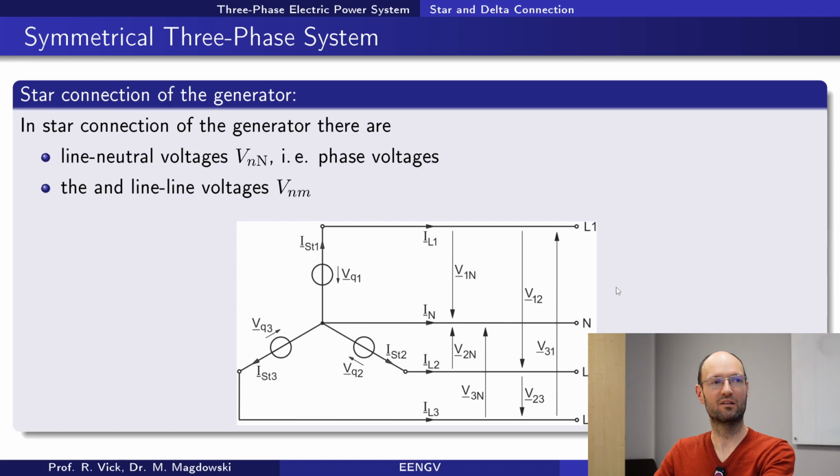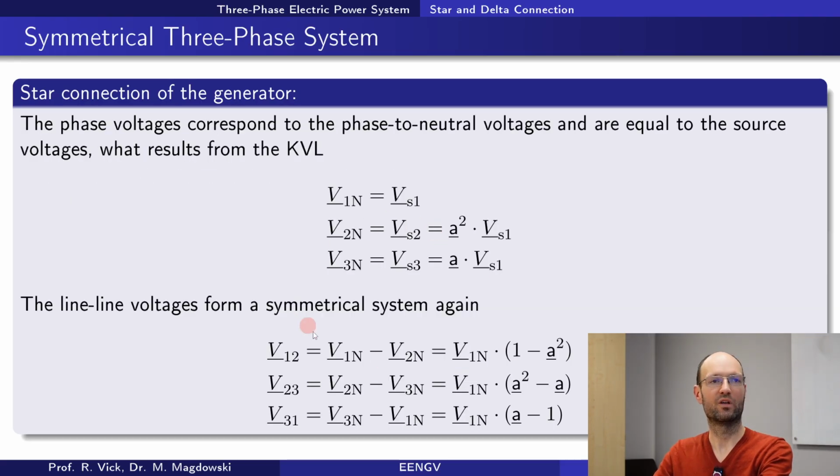Okay, so now with this we can once again take a look at star and delta connections. I think this is more or less what I've explained already. Yeah, so here in the star, phase voltages are the same as the line-to-neutral voltages, and phase currents are the same as line currents.